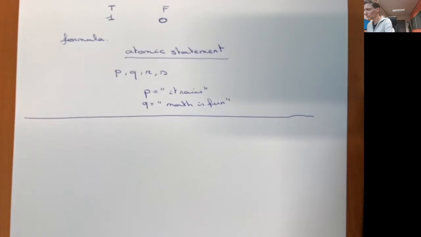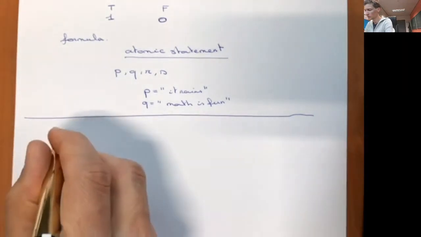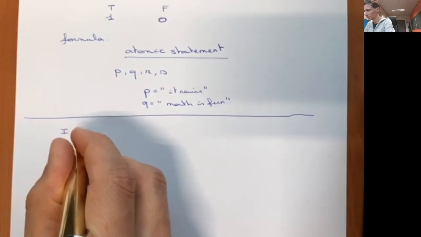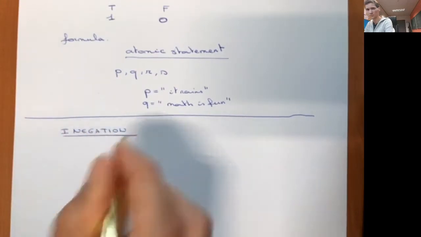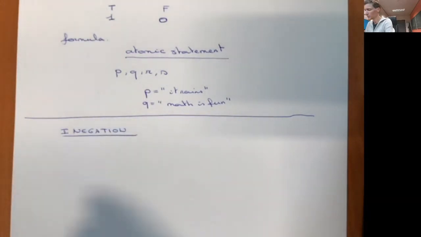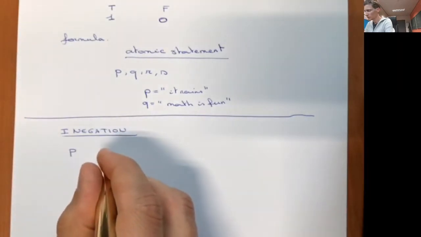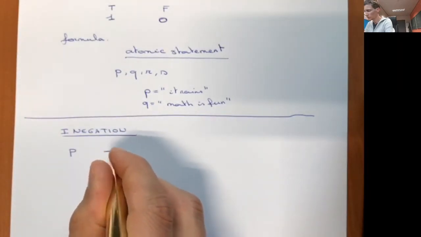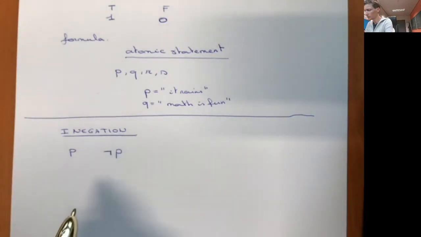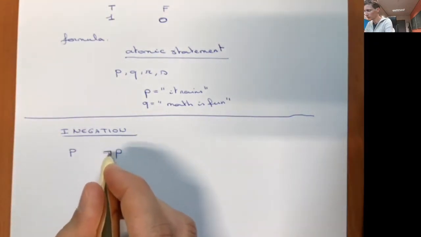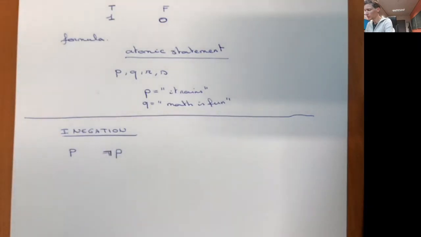Okay, so the first way you can transform a formula into a new formula is by negation. So we start with a formula, let's say p, and then we can negate the formula. The negation of p is written like this: we have a horizontal bar and a vertical bar, put at this kind of angle, and this is the negation of p.